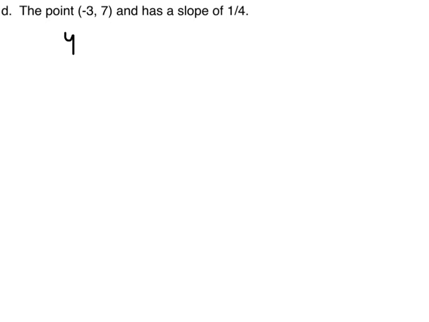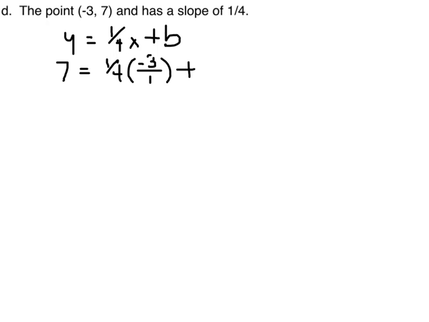Alright, so y equals 1/4 x plus b. Put my points in: 7 equals 1/4 times negative 3 over 1 plus b. 7 equals negative 3/4 plus b.